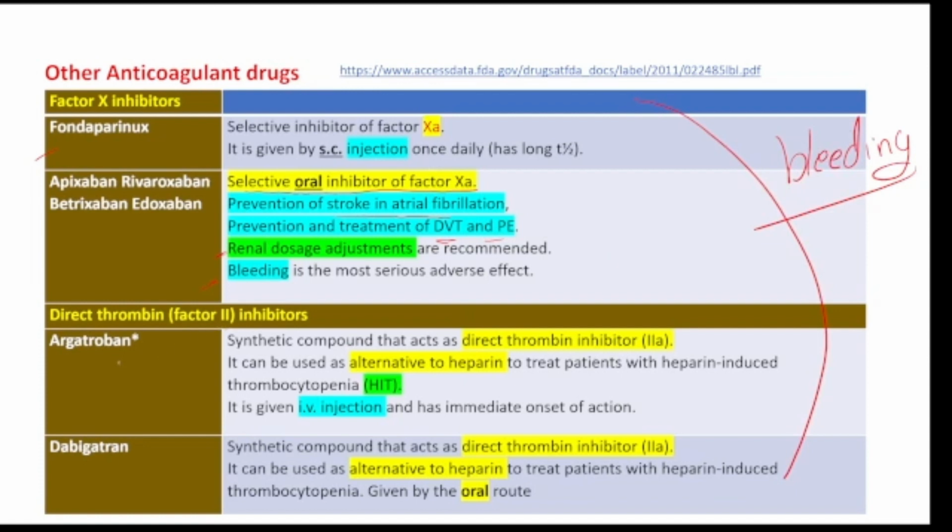Direct thrombin inhibitors: we have argatroban, dabigatran, and here we can add another group of medication to this list. We can add bivalirudin and desirudin. So two medications here we can add to the list, and we already covered them in the previous slide.